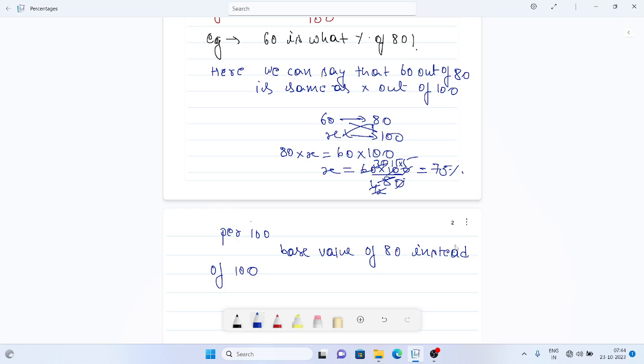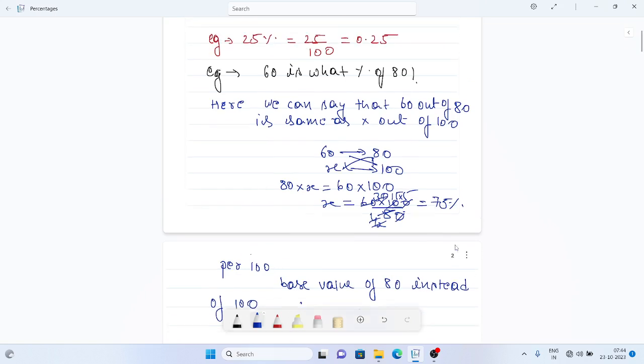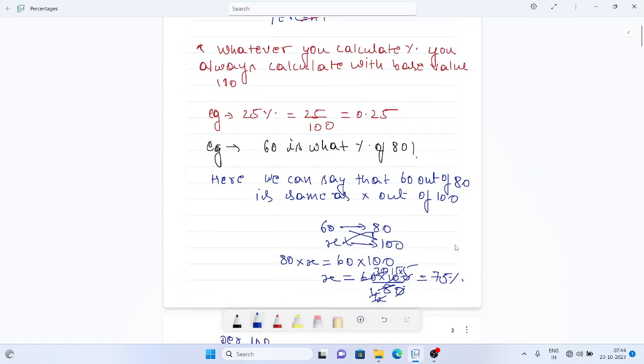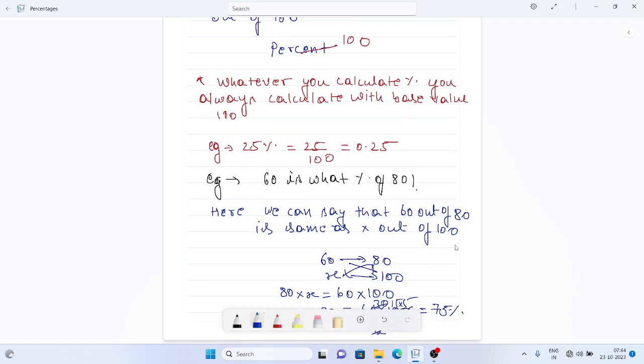You have to convert the base value 80 into 100, because they asked in terms of 100. So this is the basic definition of percent. Please note it down and let me know.